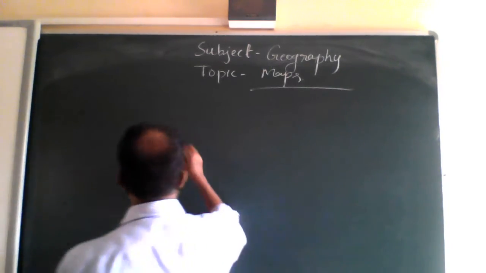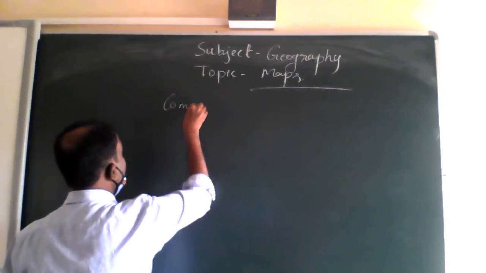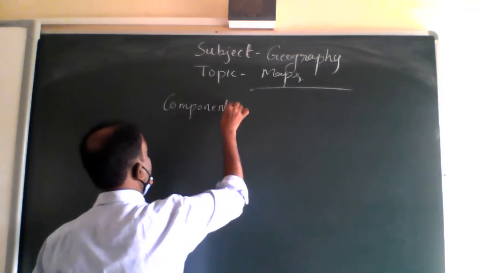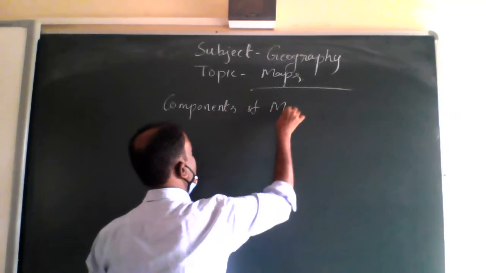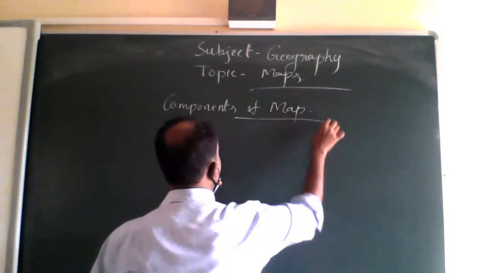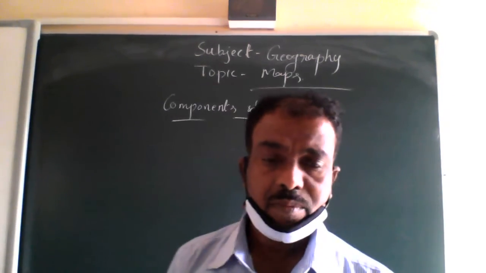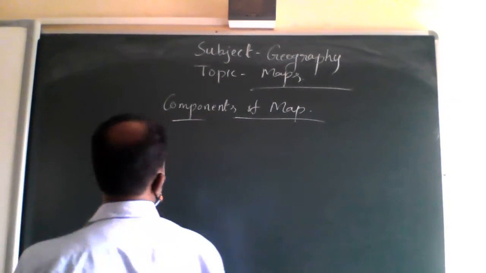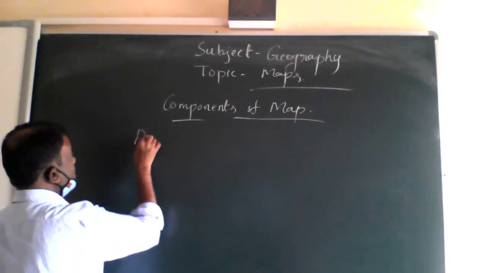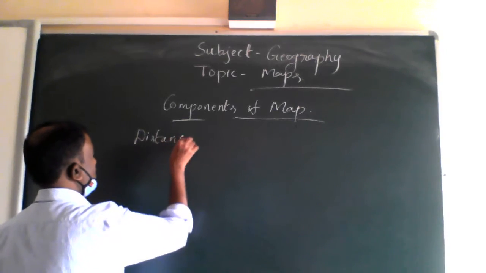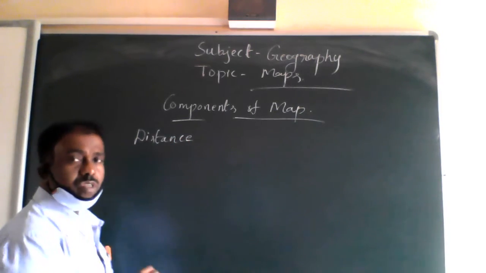So what are the major components of maps? Distance. Understood now?